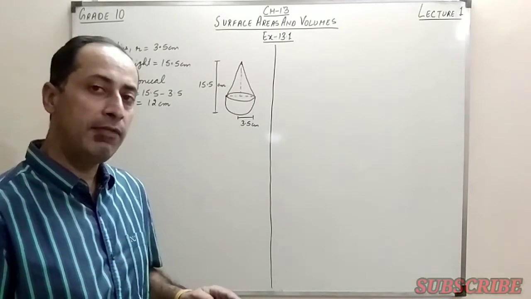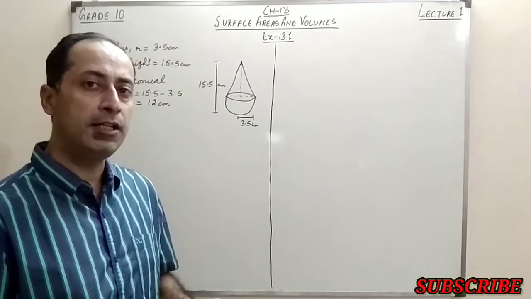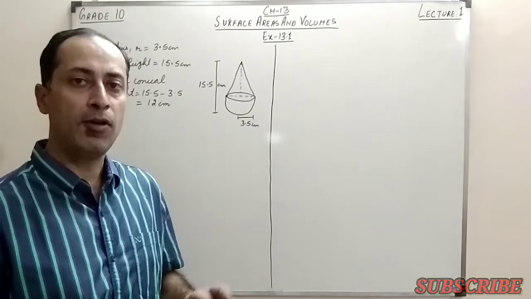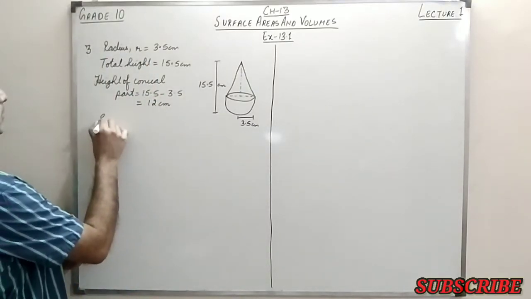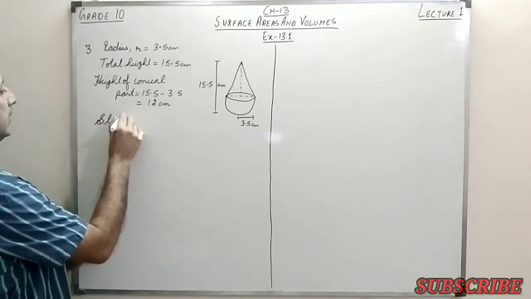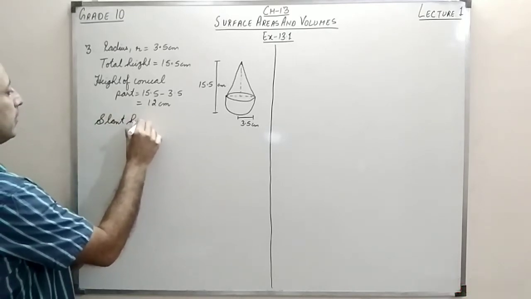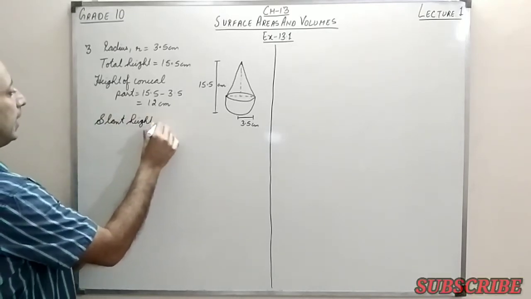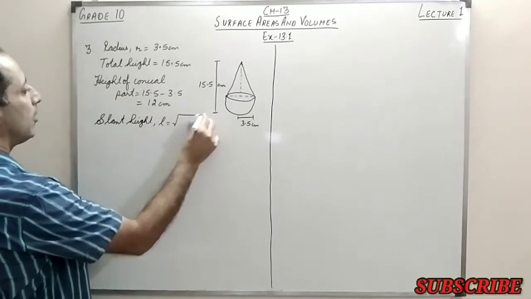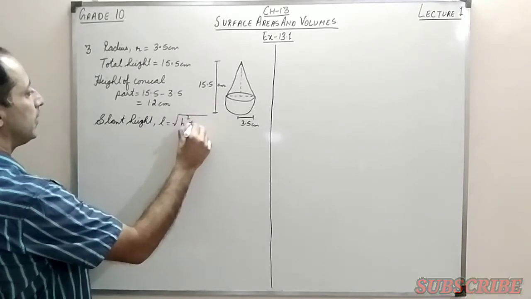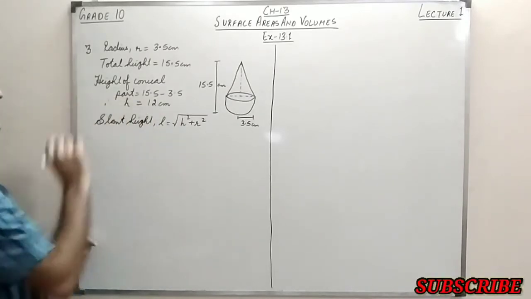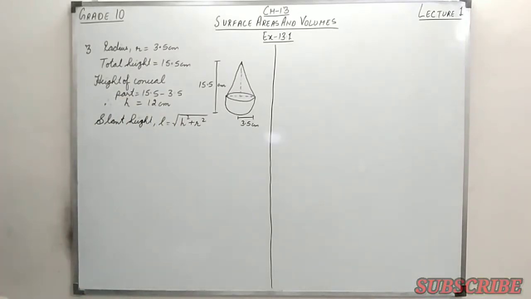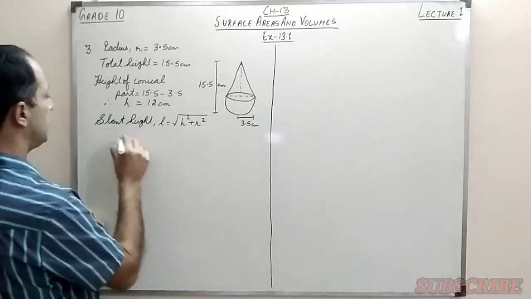So before we find that curved surface area, we need to find the slant height of the cone. So we have the formula, slant height L equals square root of h square plus r square. So this is h, we have 12 centimeter, and r is 3.5, so just substitute the values.